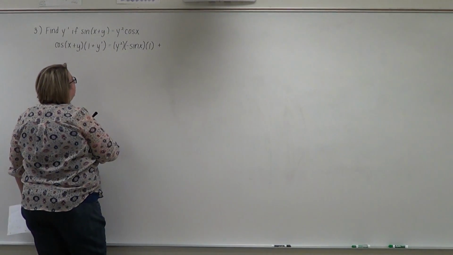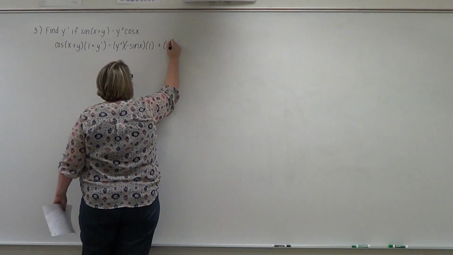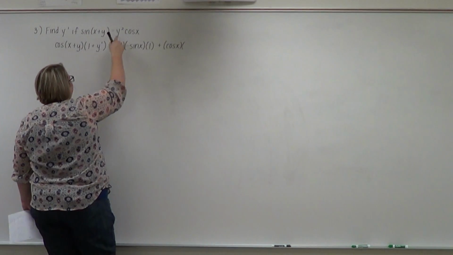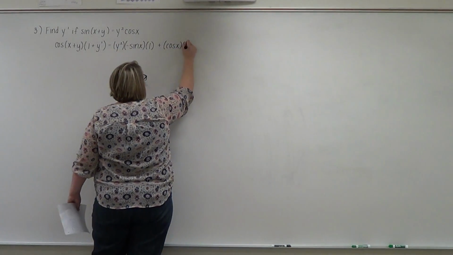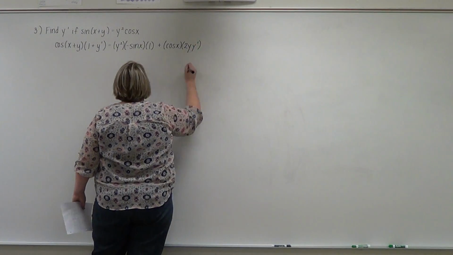Plus, we did f times the derivative of g, plus it's g times the derivative of f. The derivative of y squared would be 2y, and since you did y, you have to attach the y prime.